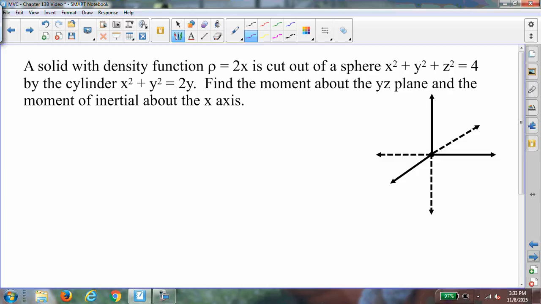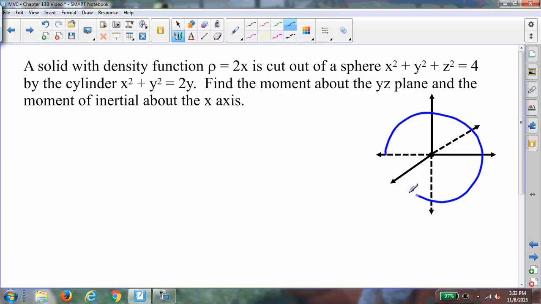I have a solid with density function kx cut out of a sphere, x squared plus y squared plus z squared equals 4, and the cylinder here. I'll leave the cylinder as is. So my sphere of radius 2 is going to look something like this.